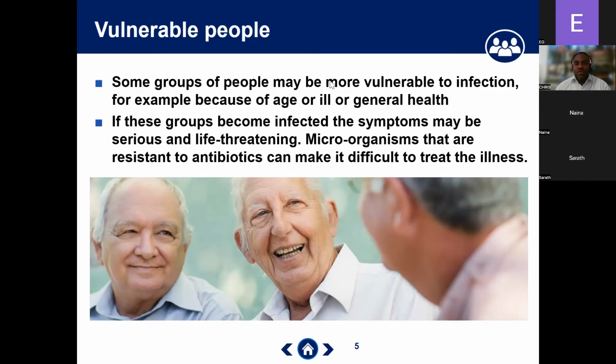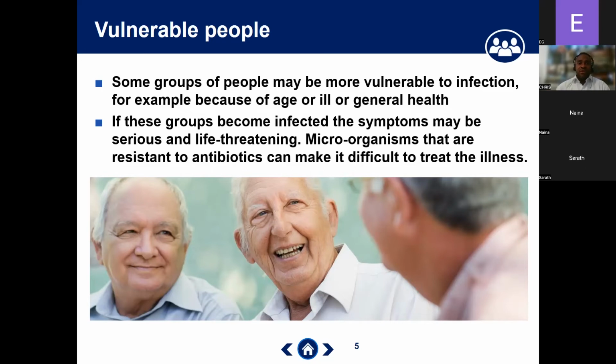Some groups of people may be more vulnerable to infection, basically because of their age, like our grandfathers and grandmothers, and other times because of a pre-existing ill health condition or general health condition. So they are prone to infection so easily.